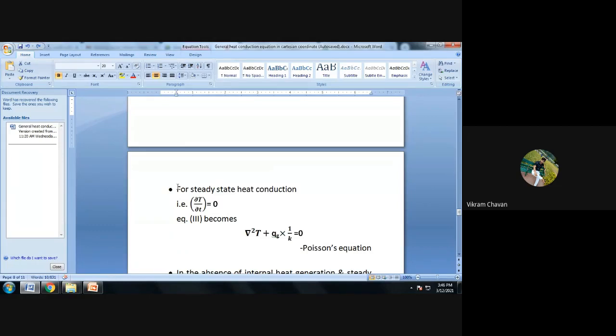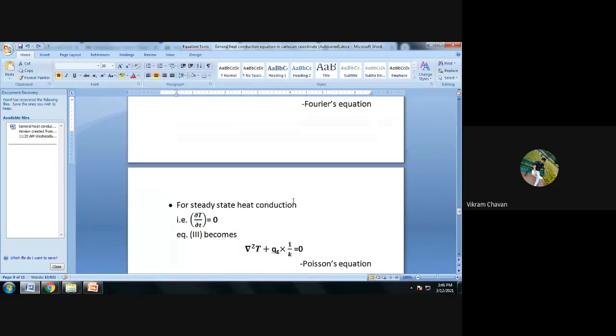In this case we are dealing with temperature only. So steady state heat conduction applies if the temperature is not going to change with respect to time. Then we say that heat conduction is a steady state heat conduction.